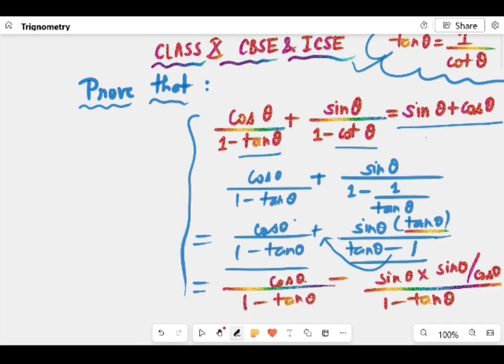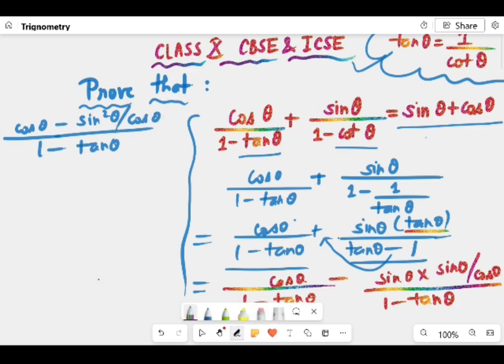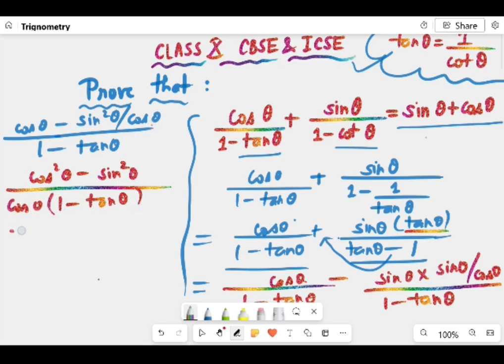So the next step will be cos theta, 1 minus tan theta is common, minus sine square theta upon cos theta, which on further solving will give you cos square theta minus sine square theta. We are taking LCM, and this cos theta will come in the denominator.